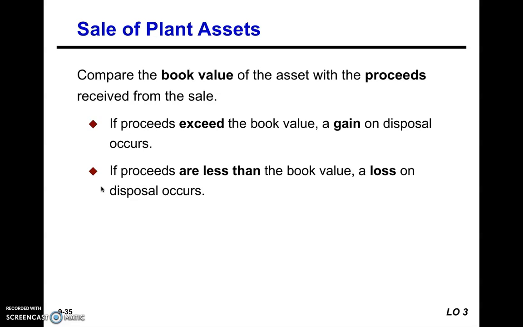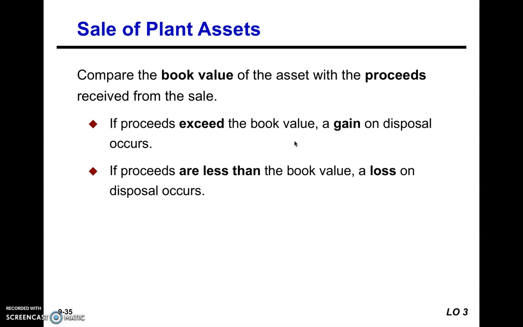So how do we know if the asset has a gain or loss? We're going to compare how much cash we're getting, the proceeds, and if it's more than the book value, remember the book value is the difference between cost and accumulated depreciation, then we have a gain because we're getting more money than what we have so far in our books as not being depreciated of the value of that asset.